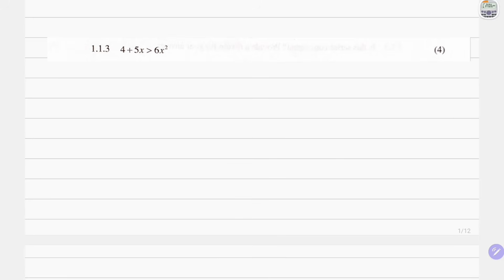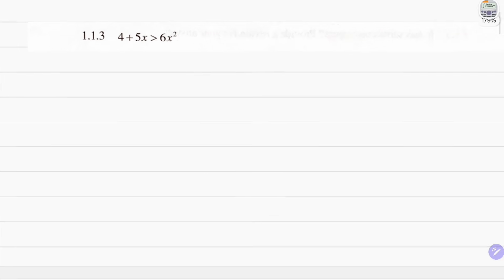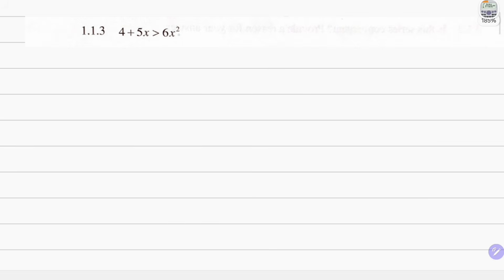Question 1.1.3 says we need to solve for x where 4 plus 5x is greater than 6x squared. Now from this you can see that this is a quadratic expression that we have. So we can transpose these, okay, and take them over to the right hand side. So we'll have here, we just have 0 is greater than 6x squared minus 5x minus 4.